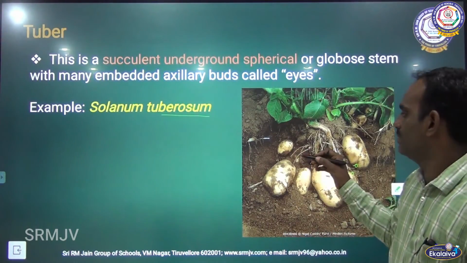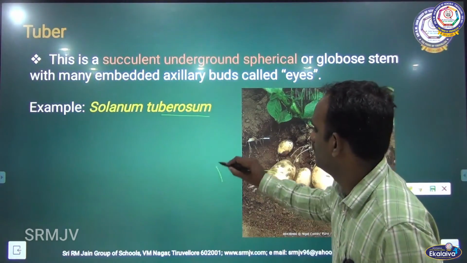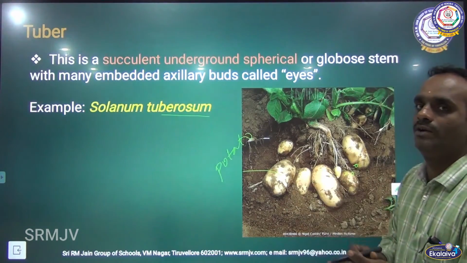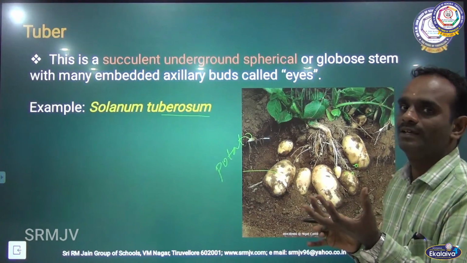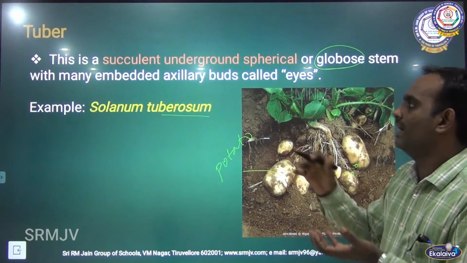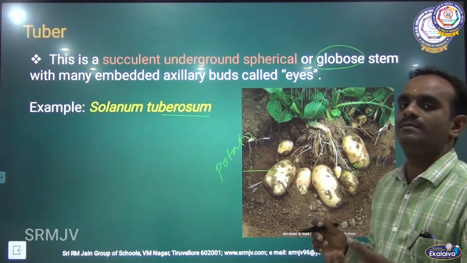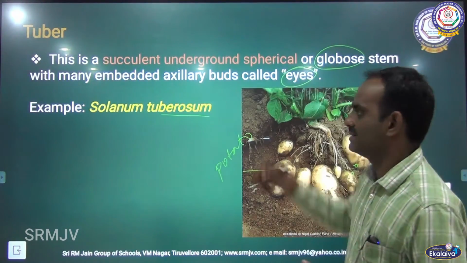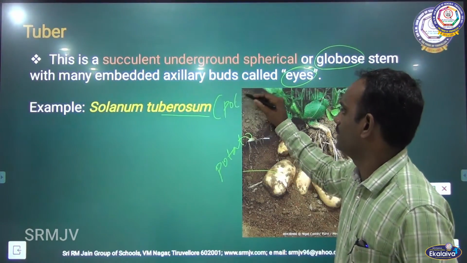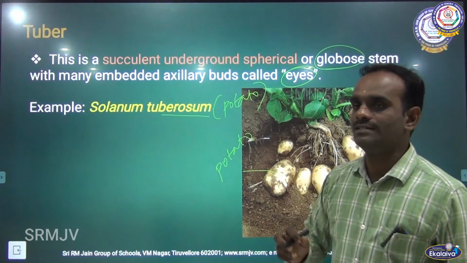Solanum tuberosum is nothing but potato. So it is a succulent underground spherical stem. It is globose with many embedded axillary buds. The axillary buds are called eyes. Example is Solanum tuberosum, which is potato. Clear children?